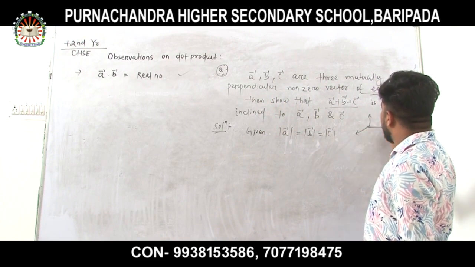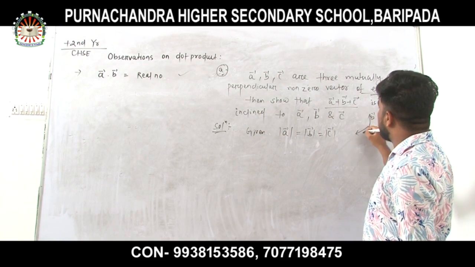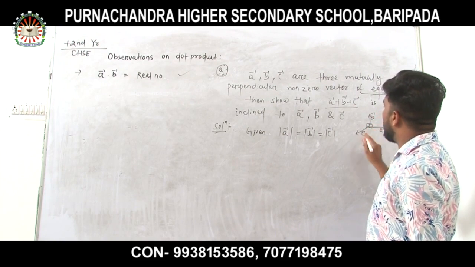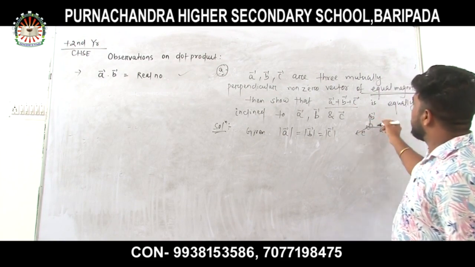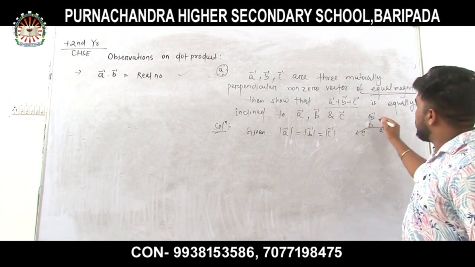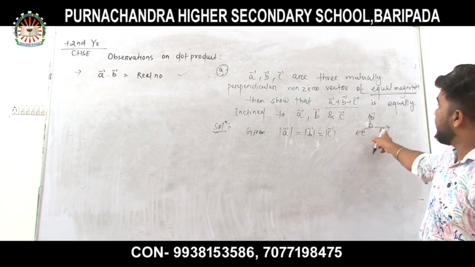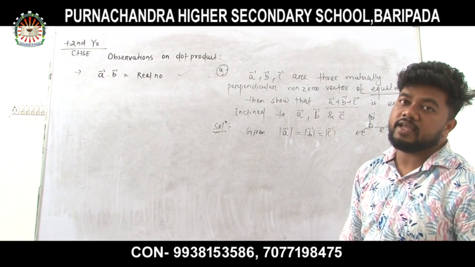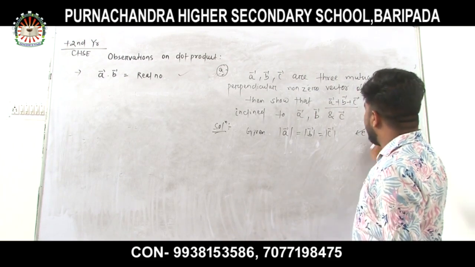Like this is A vector, this is B vector, this is C vector. The angle between A and B is 90 degrees, B and C also 90 degrees, and C and A also 90 degrees.